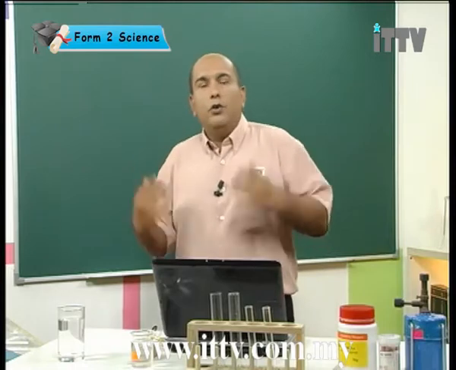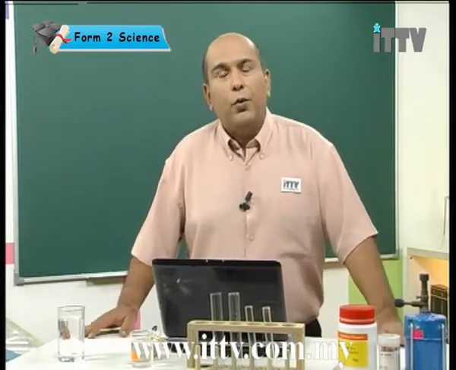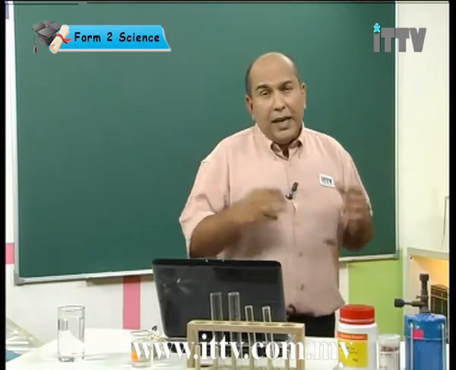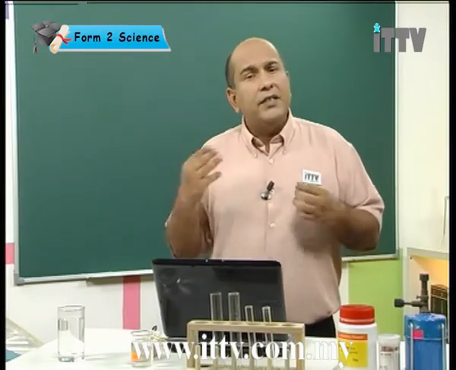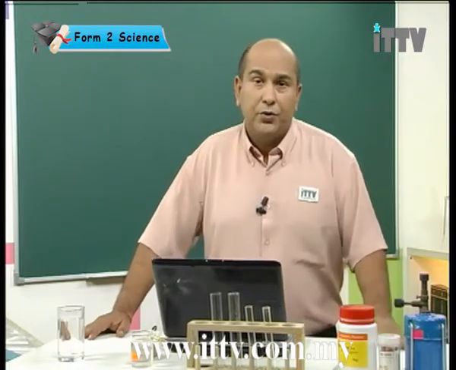We already looked at sensory organs and some of their functions when we were doing our science in primary school. The main sensory organs that we learnt in primary school are very similar to the sensory organs that we learn when we are in secondary school.